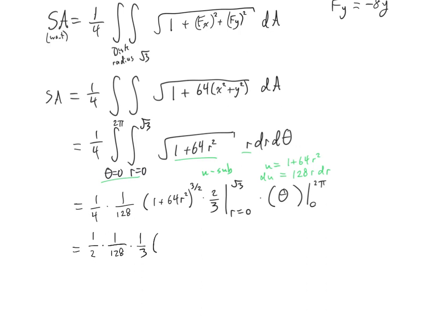So I'm just going to write that as 1 plus 64 times 3 to the 3 halves. Minus, at 0 I get 1 to the 3 halves, so that's 1. And then times 2 pi minus 0. And that's a good answer right there.